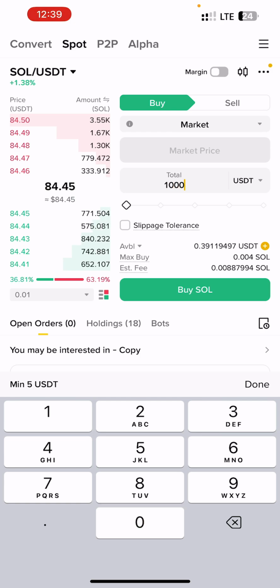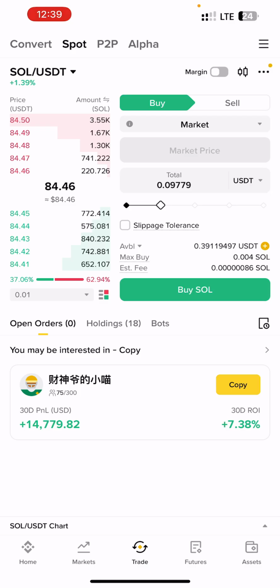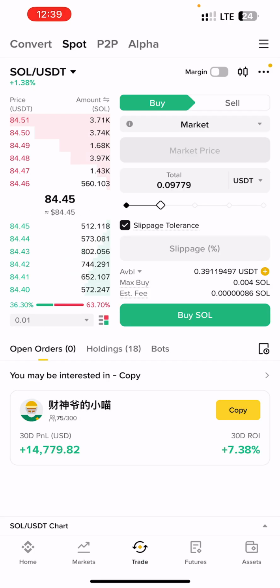This slippage range means you can decide to buy and the market will push higher or lower off of your initial price.